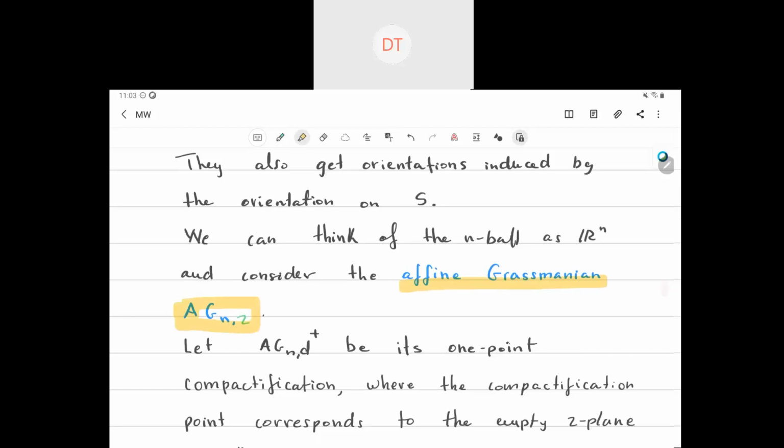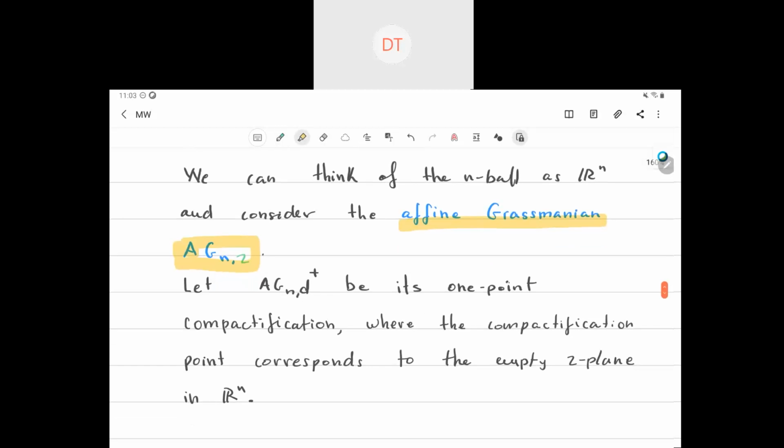And here Jeremy told me to be careful with the term affine Grassmannian, because I could get into trouble if I use it wrong. The point is that affine Grassmannian might have other meanings in other areas of mathematics, but right now what we mean by affine Grassmannian is planes in Rn that need not pass through the origin.